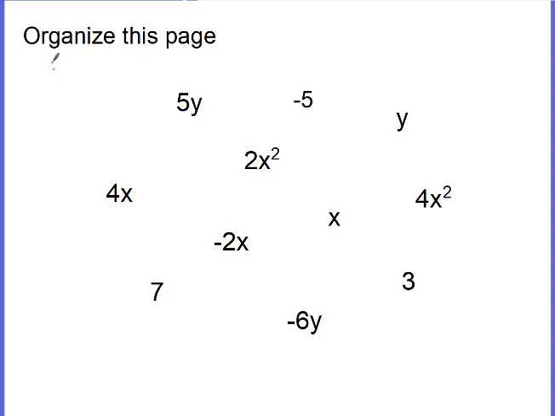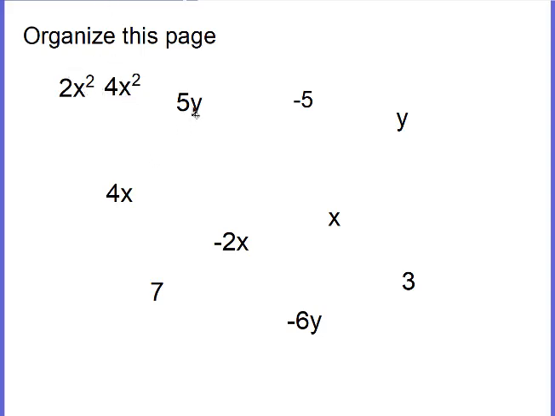So it says organize this page. Many of you have very good organizational skills, and organize means put like things together. So on this page right here, I would take this 2x squared and this 4x squared, and put those together, and that makes 6x squared.